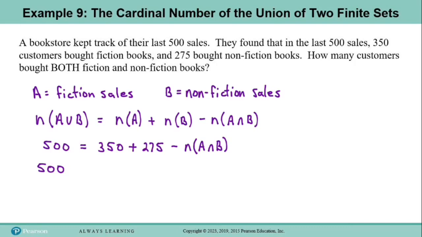So if I subtract 350 from both sides of the equal mark, it's going to disappear from the right side, but it's going to show up on the left side as minus 350. And the same thing for the 275. If I subtract 275 from both sides, it's going to disappear from here, but it's going to show up over here on the left as minus 275. And then I've got my equal mark, and then I've got minus the number of elements in A intersect B.